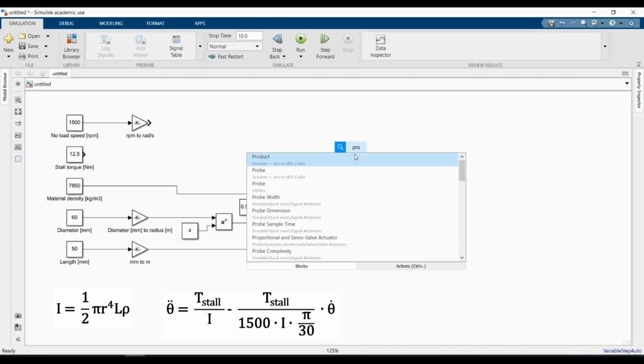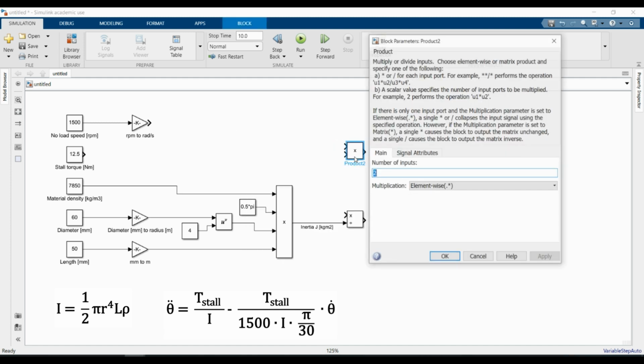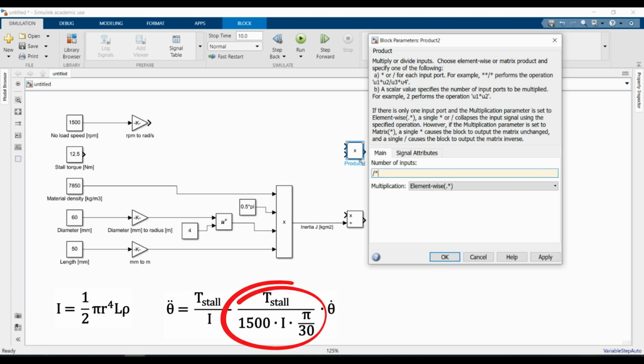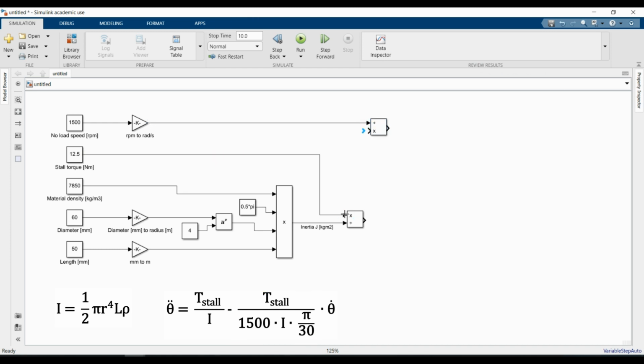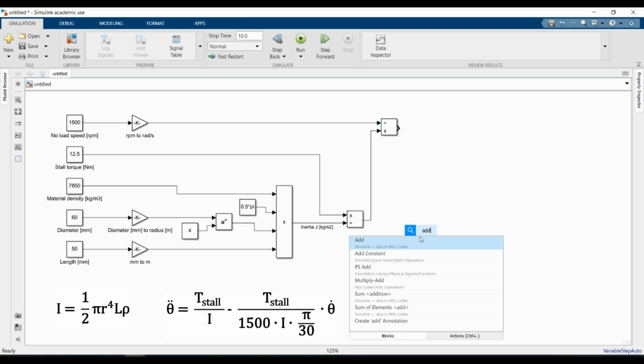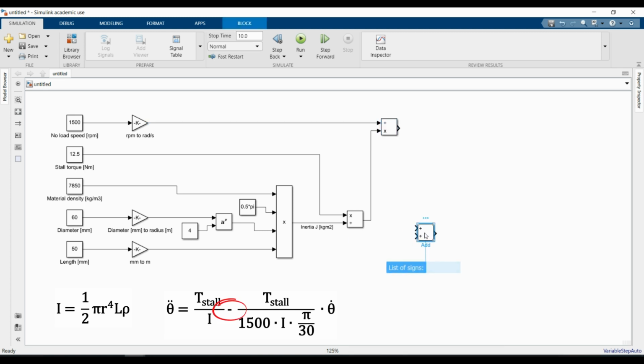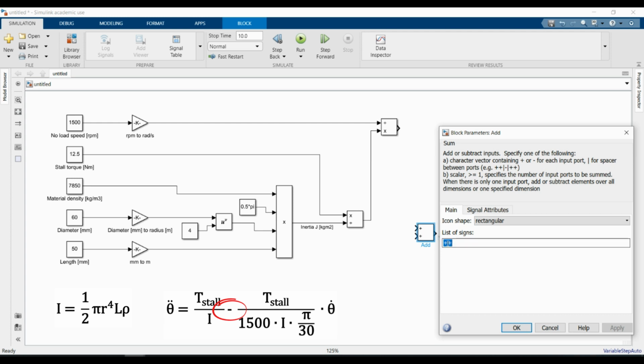The output is the input for the next product block, where it is divided by the no-load speed for the second part of the differential equation, so this can later be multiplied with the actual speed. A sum block is used to subtract the second part of the differential equation from the first part.